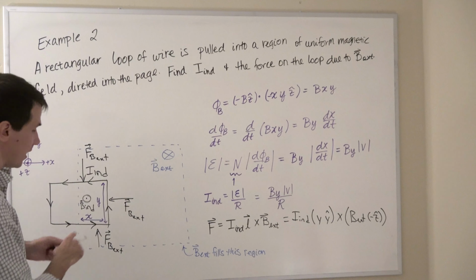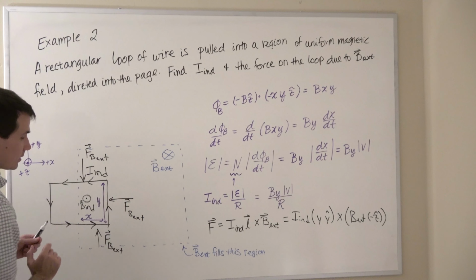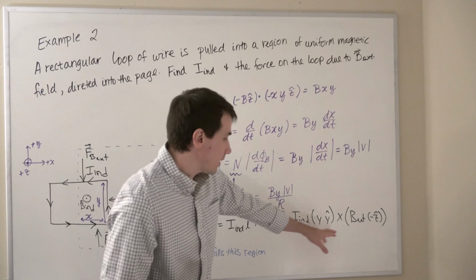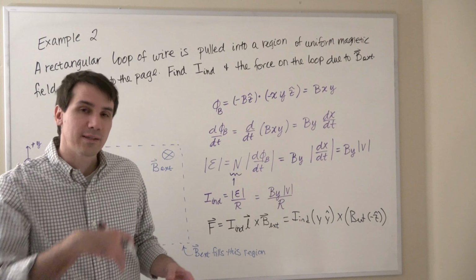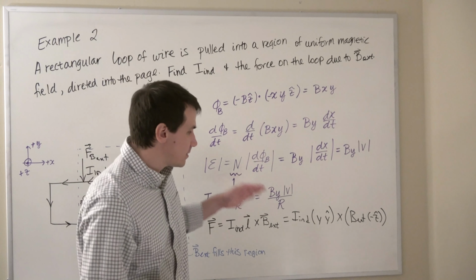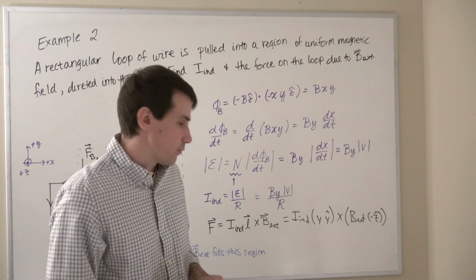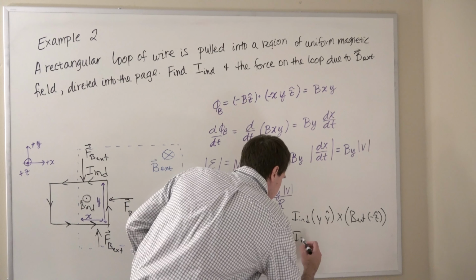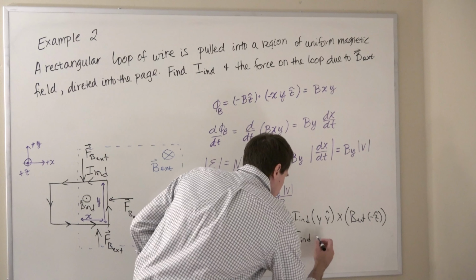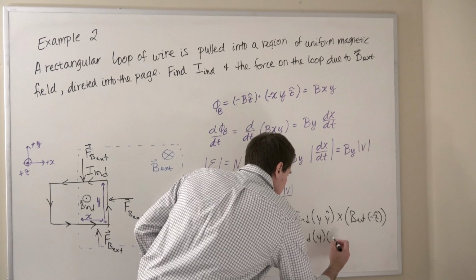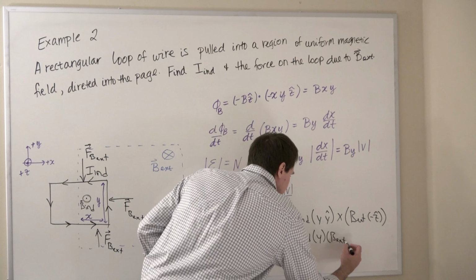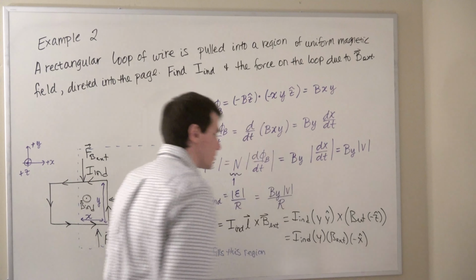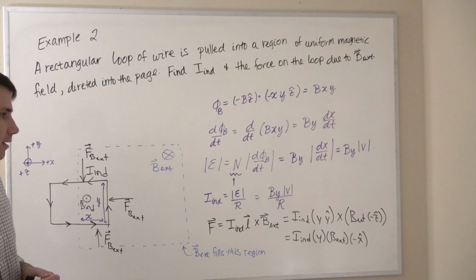Doing this cross product, I already know the answer by my right hand rule. And because these two vectors are perpendicular, I know that the magnitude of the cross product is simply the product of these three terms. So this would go like I induced multiplied by y multiplied by the external magnetic field, and it points in the negative x hat direction, to the left.